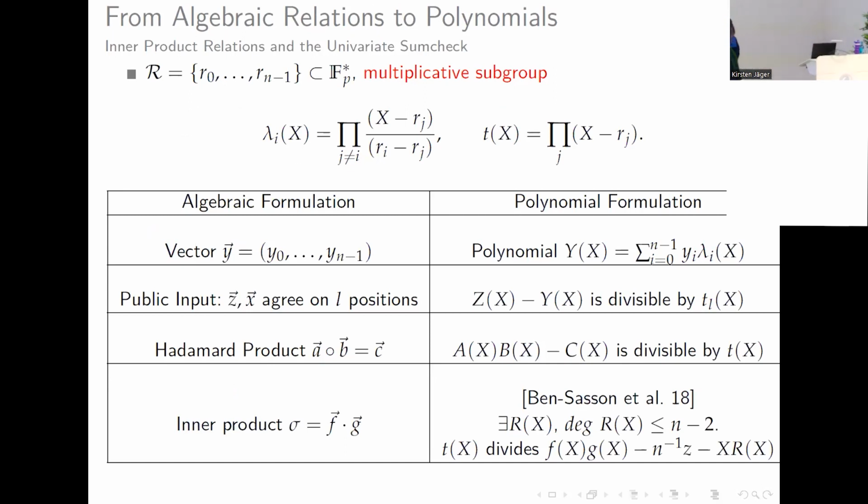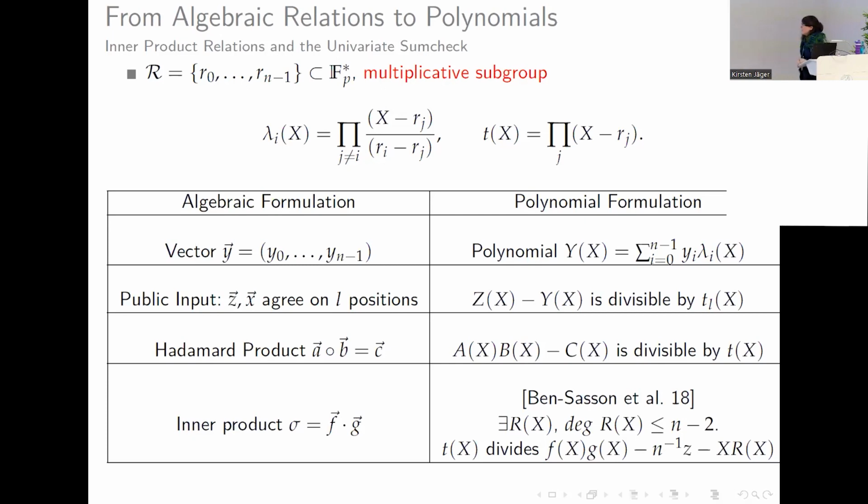There's a direct way to encode a vector as a polynomial, and any of these relations, the public input relation, the Hadamard product relation, and an inner product relation, they automatically translate. Here there's no cryptography, no interaction, nothing, okay? This is fully non-interactive. It's a way to rewrite statements. If this happens, then this will happen, okay? So there are some polynomial relations among some vectors.